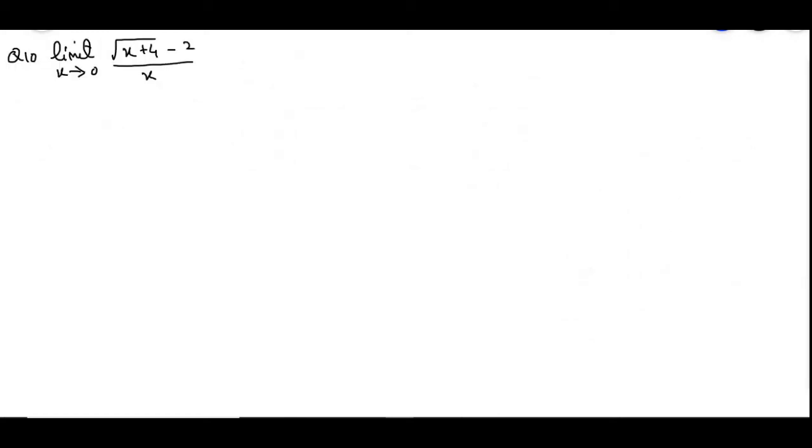Now question number 10. Limit x approaches to 0 under root x plus 4 minus 2 divided by x. Applying limit, 0 plus 4 minus 2 whole divided by 0. So 2 minus 2 over 0 is 0 by 0 form, again indeterminate form.